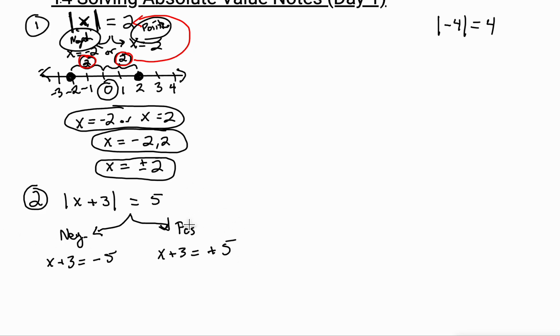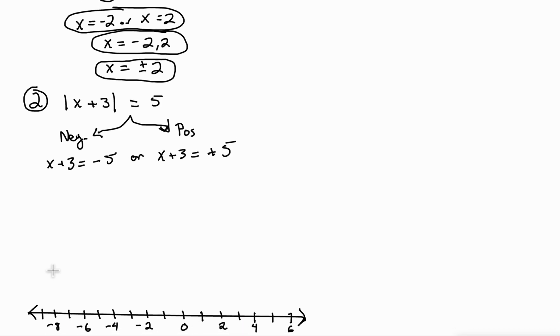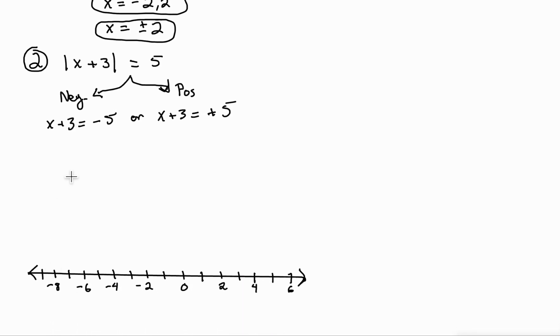When we go ahead and solve that, remember there's an or in between, like we had written up here, one or the other works. So we solve just like regular solving equations. Subtract 3 from both sides. Since it's the same on both sides, the negative 3 cancels out the 3, and we're left with x equals for both of them.